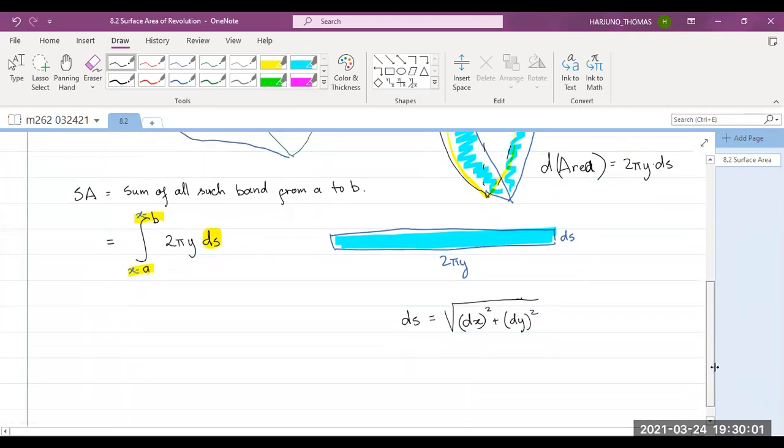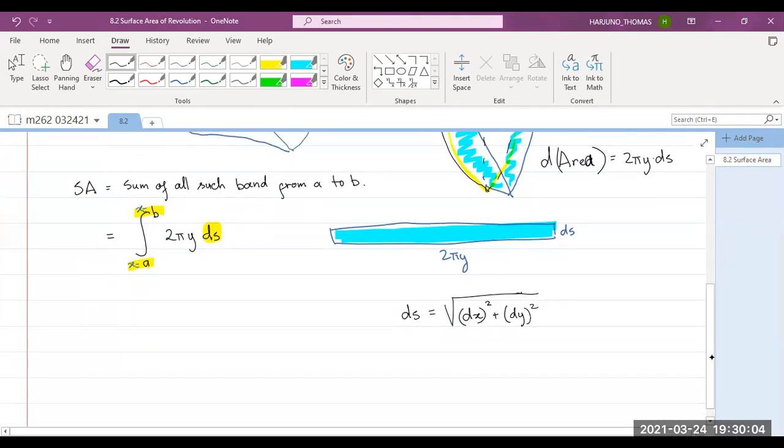Now, if you need dx outside, what you can do is factor out the dx squared. It comes out to be the square root of 1 plus (dy/dx) squared, and the square root of dx squared is just dx.